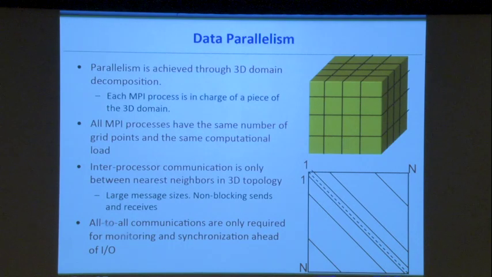I've said that already. The message sizes are large, so we accumulate a bunch of messages and send them off all at once, which is more efficient for communication than sending a bunch of small messages. And we only synchronize for computing the CFL or time step, or for I/O, very infrequently, ahead of monitoring and synchronization. And those require all-to-all communications.